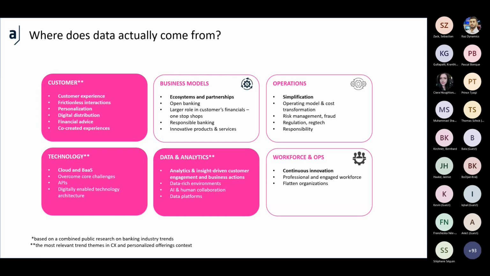The operations need to also work with a cost transformation and an operating model. Risk management with our clients, especially when they purchase virtually, is important. You need to know if this is a client who can be trusted. We had a customer here who had the challenge that they needed to check the credit score, in Germany we call it Schufa, of clients when they wanted to have a credit from the client.